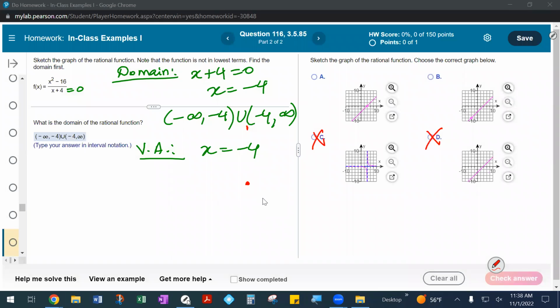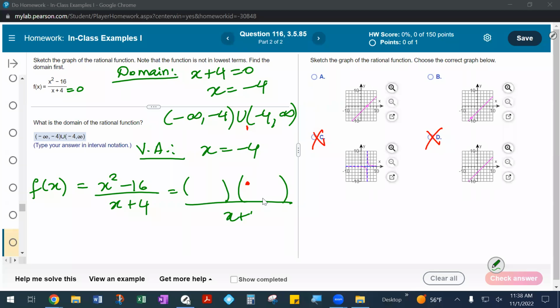They're telling us specifically that this function is not in lowest form. So let's take a look at it. You've got x squared minus 16 over x plus 4. What can we factor that numerator into, x squared minus 16? Because it can be factored. x plus 4 and x minus 4. Yeah, because you can rewrite x squared minus 16 as x squared minus 4 squared.